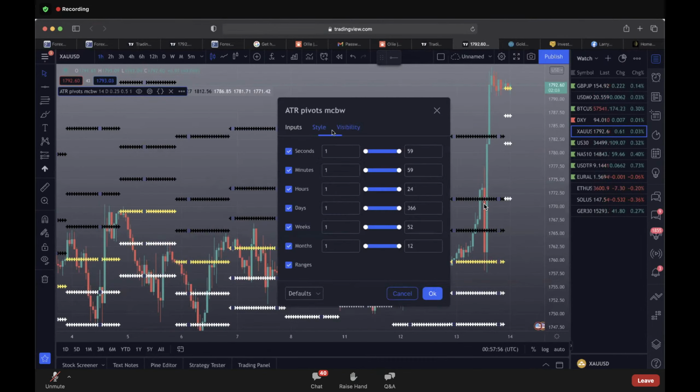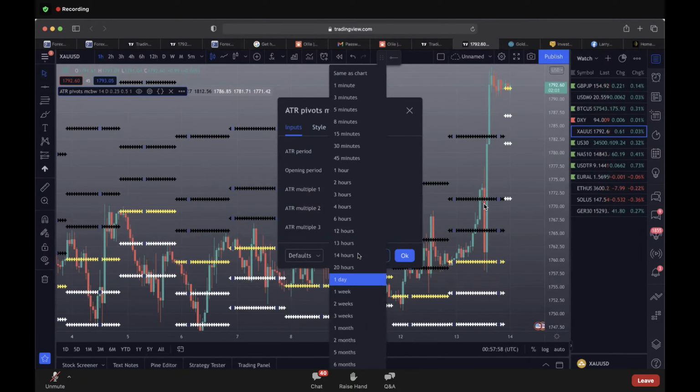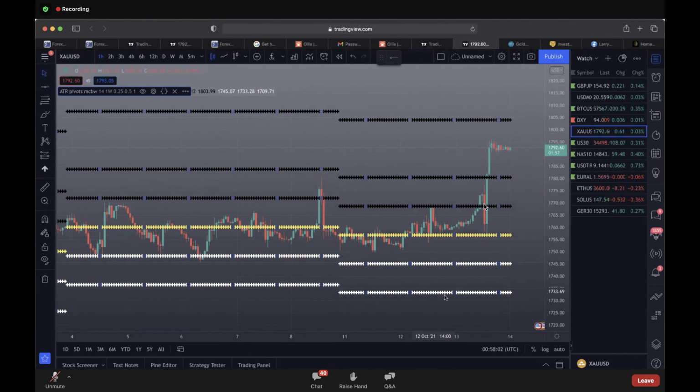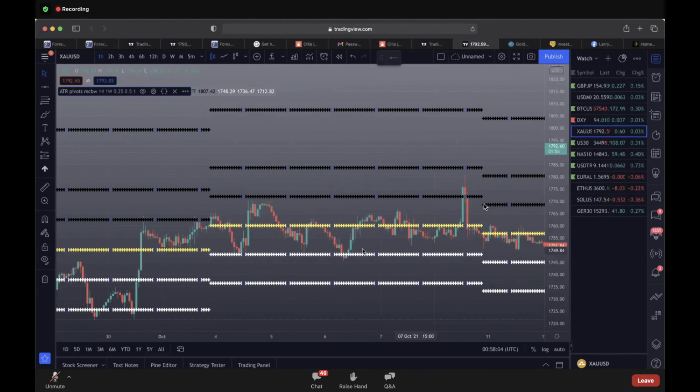And you could separate it out. And you could make these levels useful. You can trade from these levels, right?